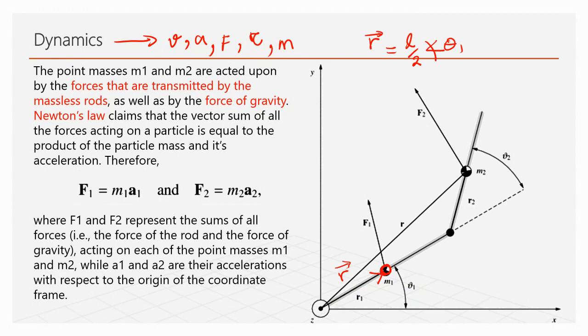Just this vector represented by a length, which is half of the first link, and an angle, which is theta 1.